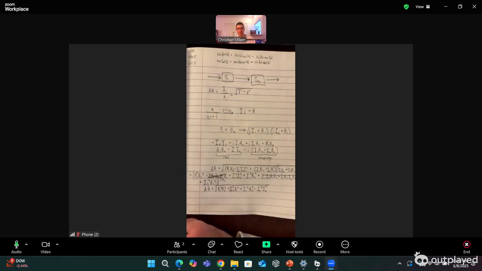Okay, so based off just our basic principles, we know that that should be the amplitude ratio of two of our process functions in series. So let's look at what the argument is on the next page.